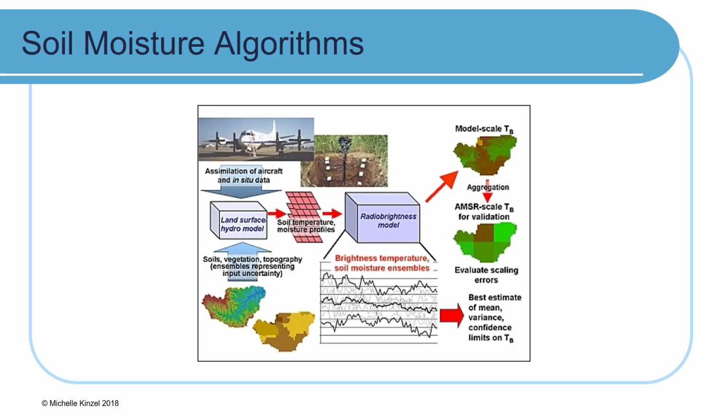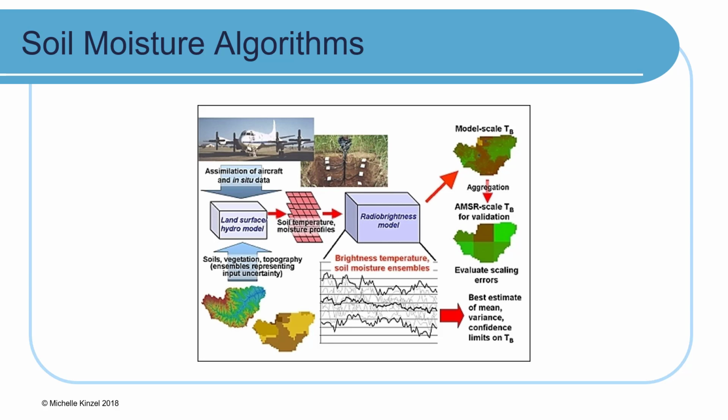So here are some soil moisture applications and algorithms. In the upper left, aircraft and in situ data are combined into a land surface hydro model. We have soil temperature and moisture profiles. Coming up from the bottom, we also have what we're all familiar with now as the GIS layers of soils, vegetation, and topography, and these can be put in to represent input uncertainty.